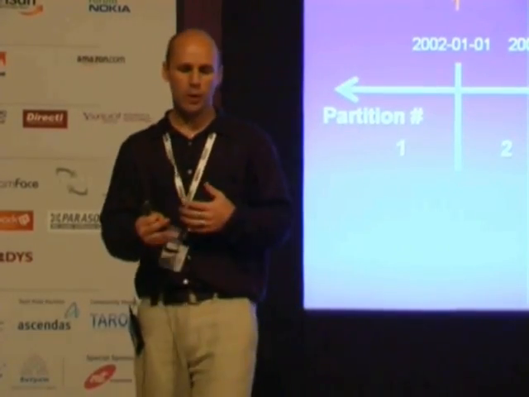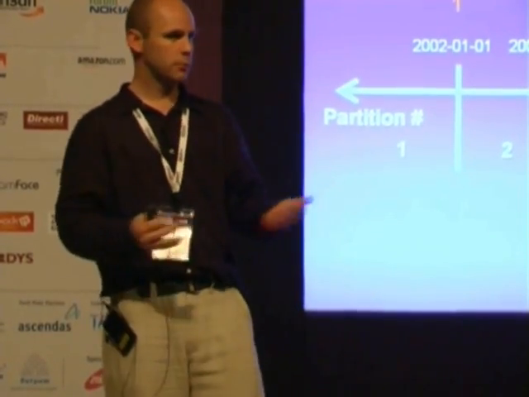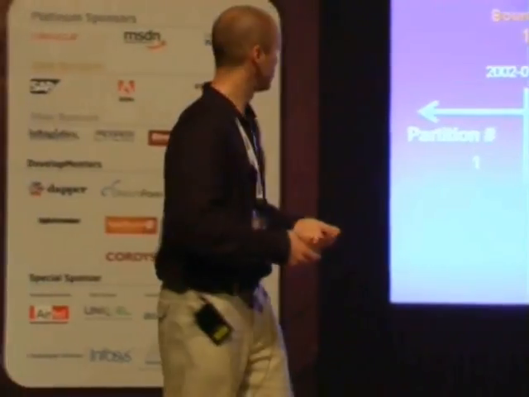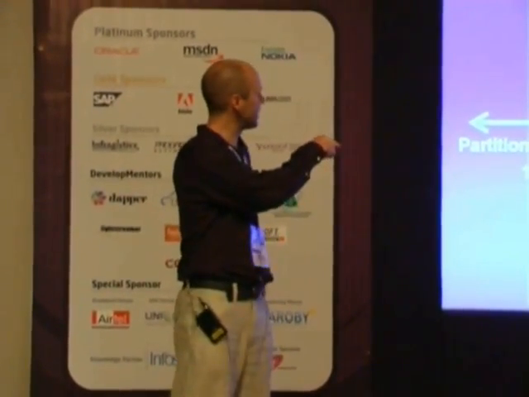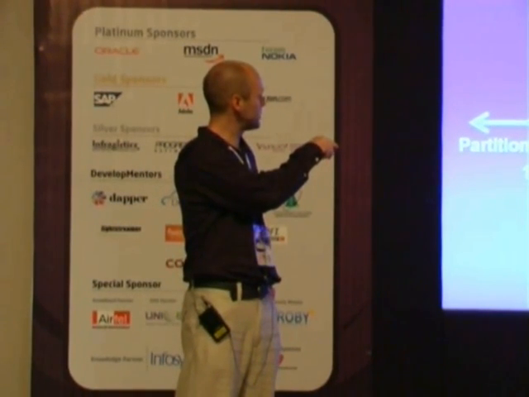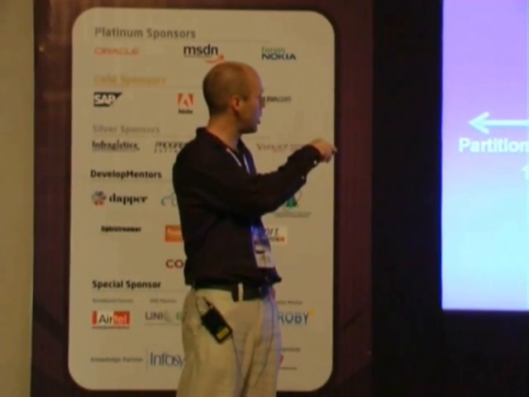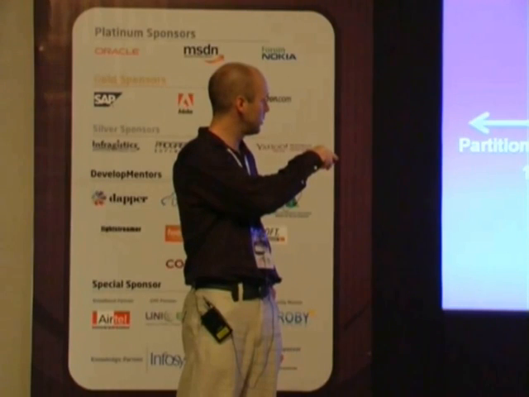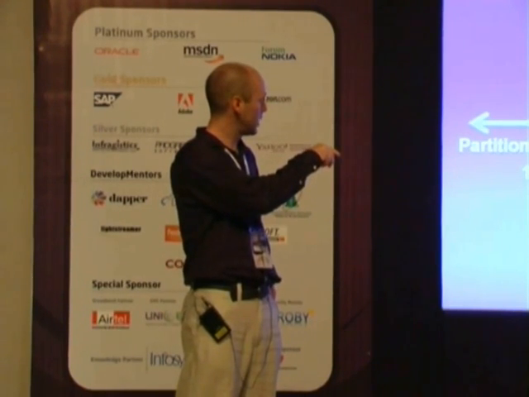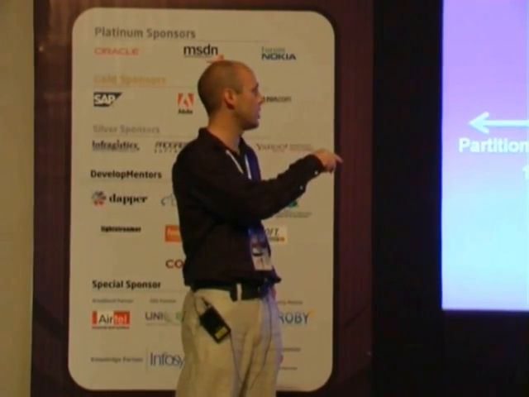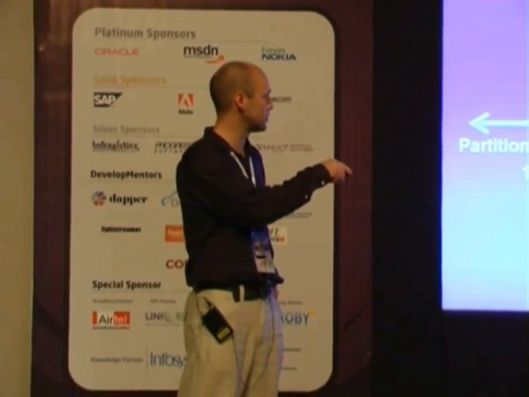Depending on whether you specify a right or left partition function, typically you probably assume that you use right, everything from January 1st, 2002 and onward, inclusive, will be in this partition. Everything January 1st, 2003 and onward, inclusive, will be in this partition here.